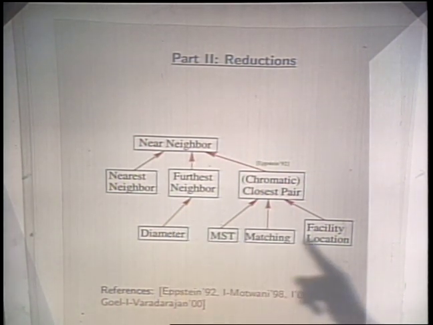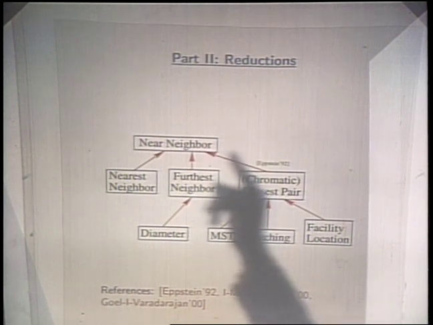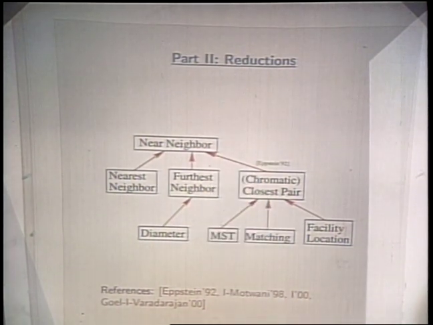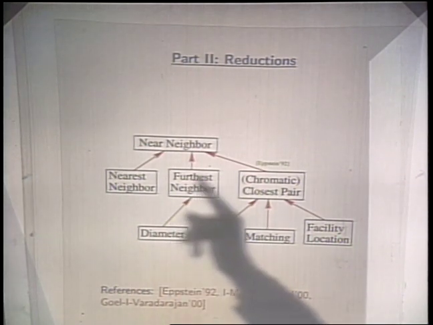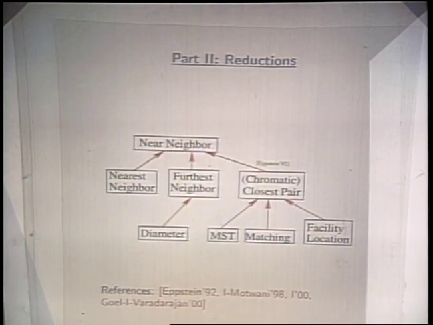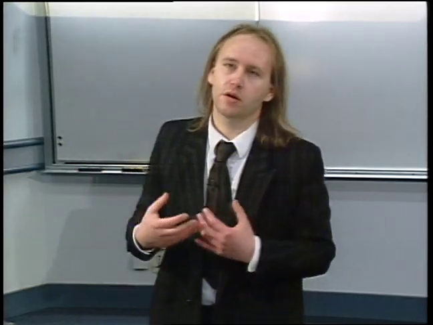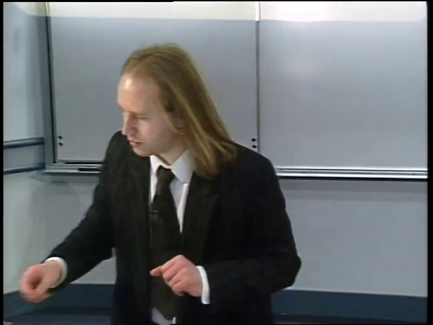And at the bottom we have offline problems. Okay. So nearest neighbor can be reduced to near neighbor, which is probably not that surprising, yes, because they look kind of similar. But it turns out that also furthest neighbor can be reduced to near neighbor. Okay, so there is some kind of duality happening there. And in fact, one can show that from a certain perspective, these two problems are equivalent.